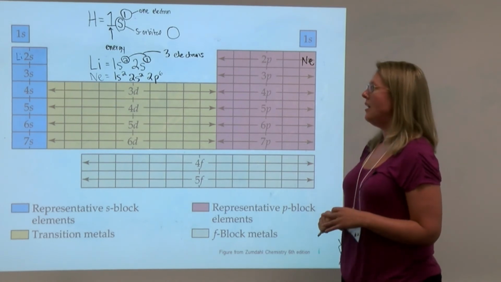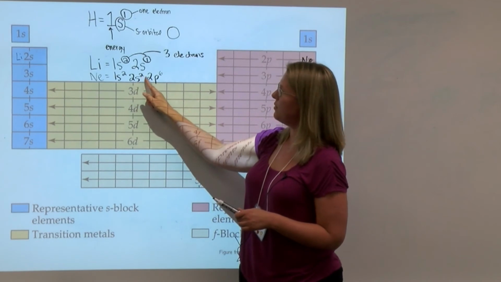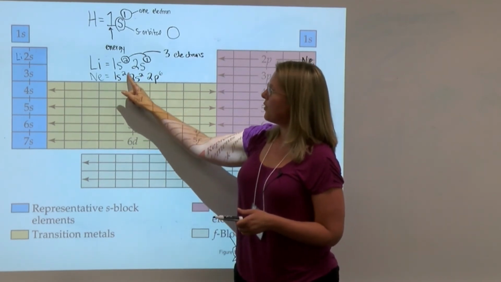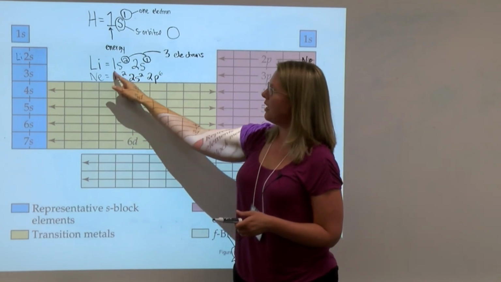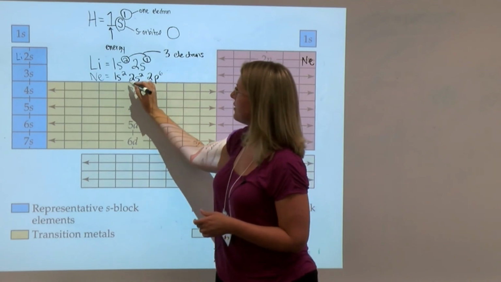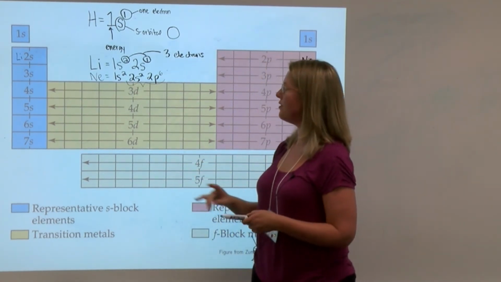So this is neon. And so you can kind of look at it. How many electrons does neon have? 2 plus 2 plus 6, that's 10, okay? Neon's first 2 electrons are in the first energy level in an s orbital. Neon's valence electrons, okay, second shell, right, second energy level.